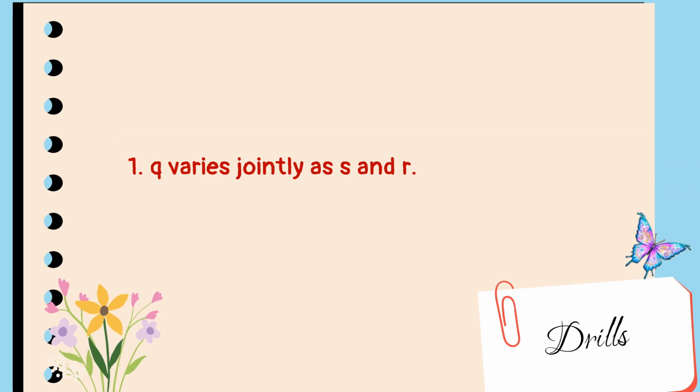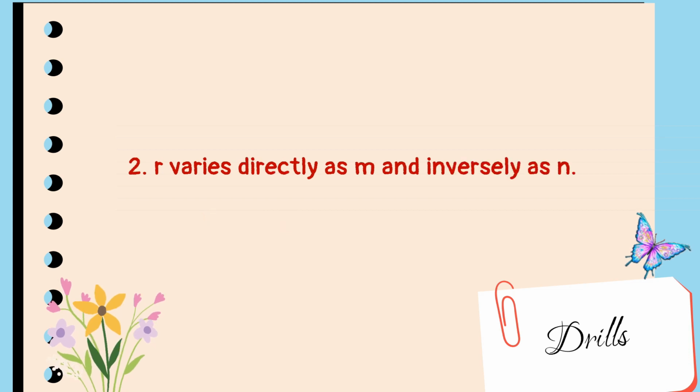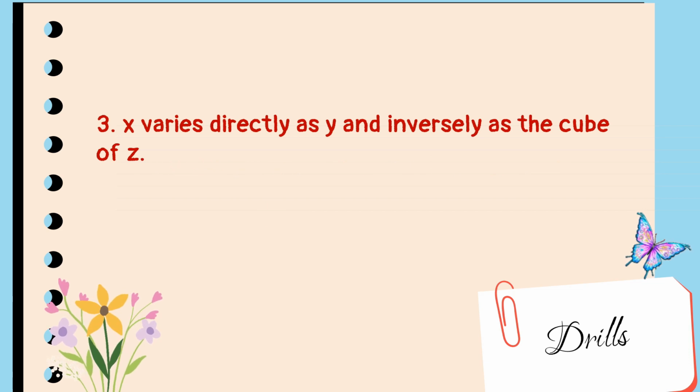Number 1. Q varies jointly as S and R. Alright, the answer is Q equals K S R. Next, R varies directly as M and inversely as N. Alright, R equals K M over N. How about number 3?